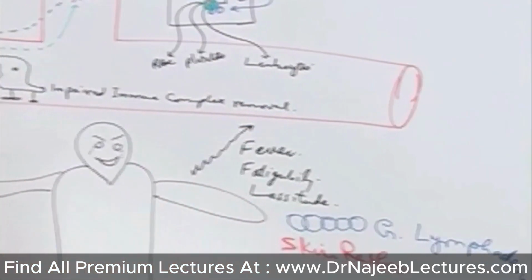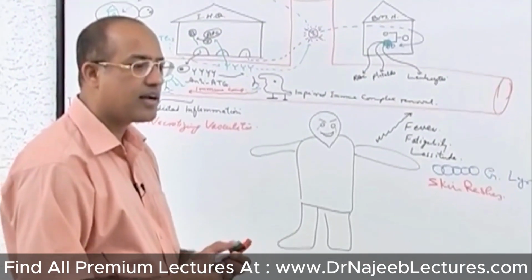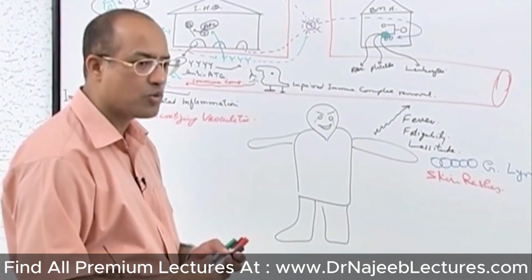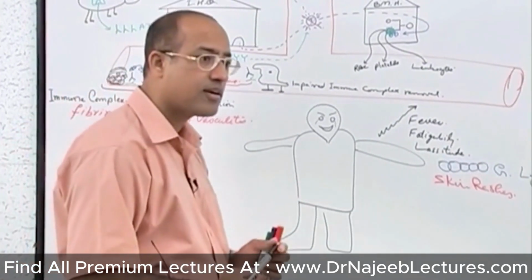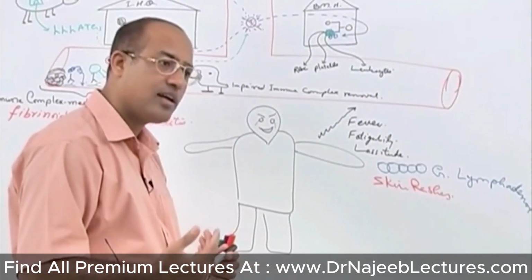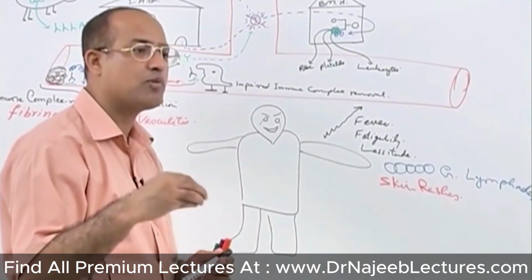With that, what else will be there? There will be similar antigen antibody deposition in the glomeruli, and within the glomeruli there will be activation of the complements, and there will be neutrophil infiltration, and that will damage the glomerular structure.